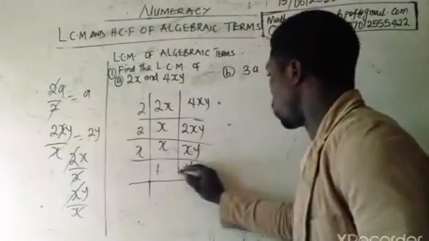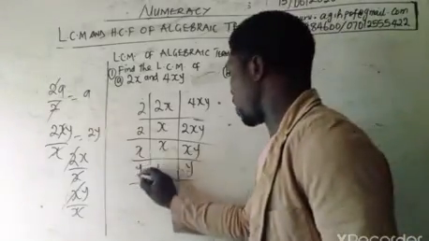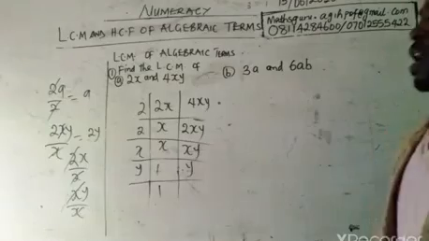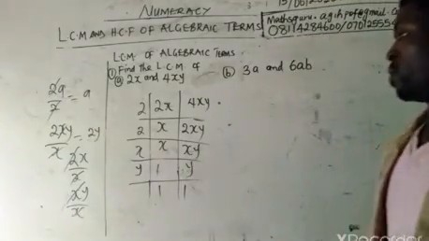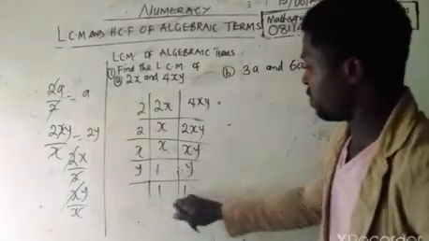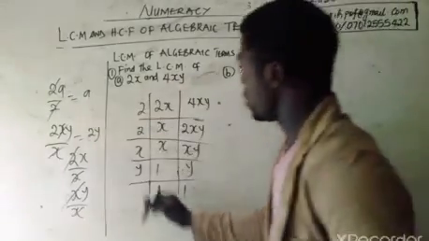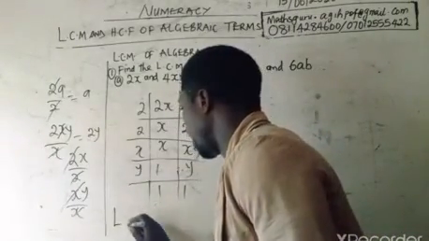Now we have y as the only unknown term remaining. So we have a y. 1 divided by y, since it cannot, we have 1. y divided by y will give us 1. At this point, we have 1, 1. So we are to multiply these terms to give us the LCM we are looking for.